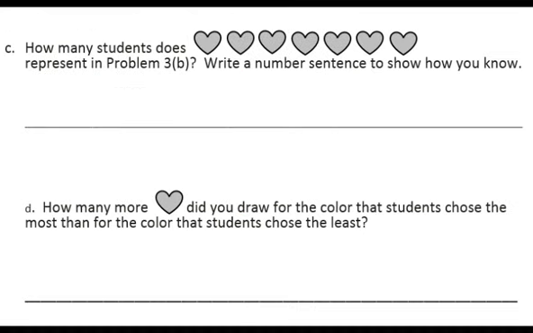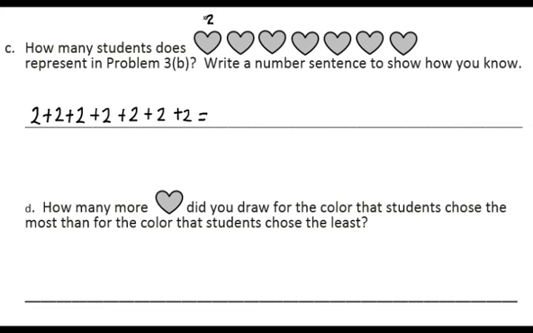And we have 2 more questions. This one says, how many students does blank represent in problem 3b, looking at all of these hearts? Well, I can see that there are 7 hearts, and again, each heart represented 2 students in that second picture graph. So we'll say 2 plus 2 plus 2 plus 2 plus 2 plus 2 plus 2.